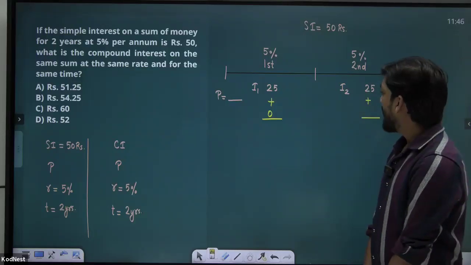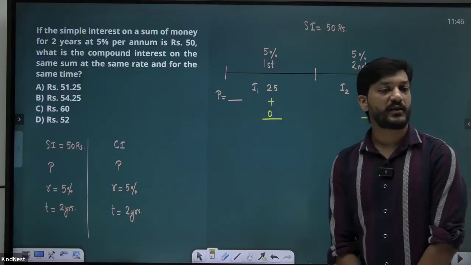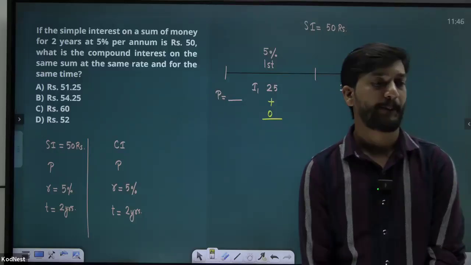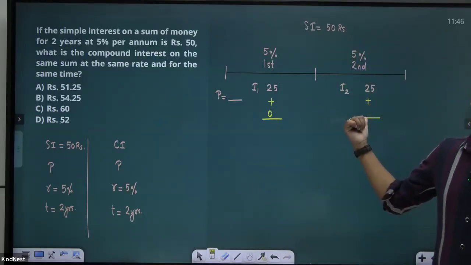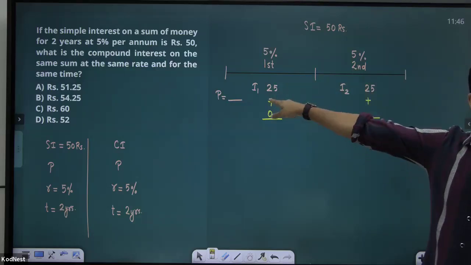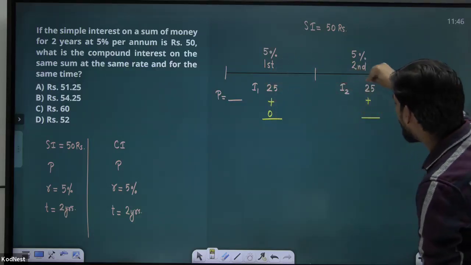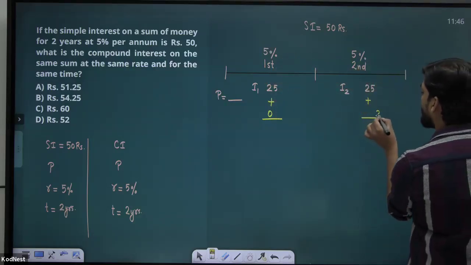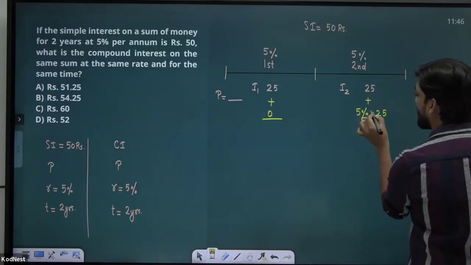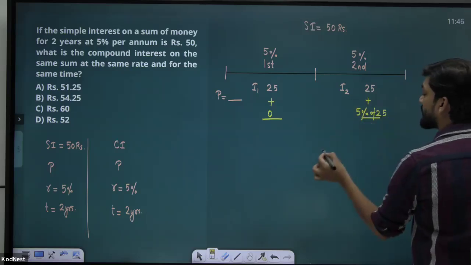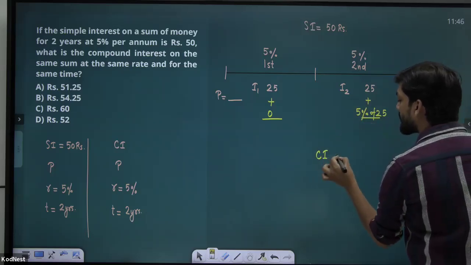Now answer. Stand here, please, and tell me what is the previous interest. When you stand here, what is the previous interest? 25. So 25 on 25, you will get 5%, but not in simple interest, in the case of compound interest.